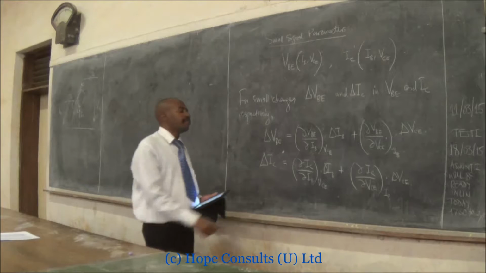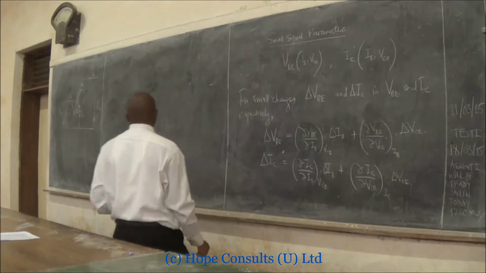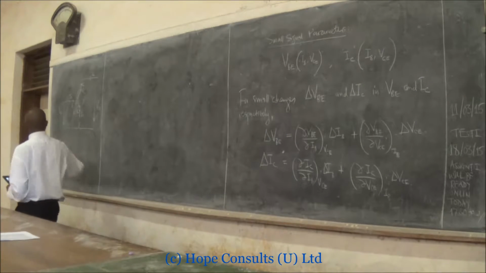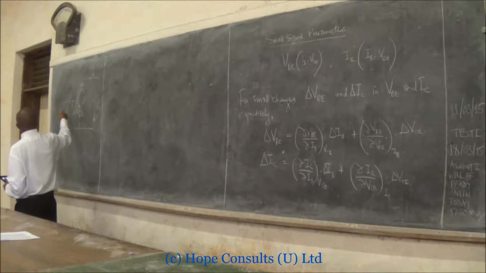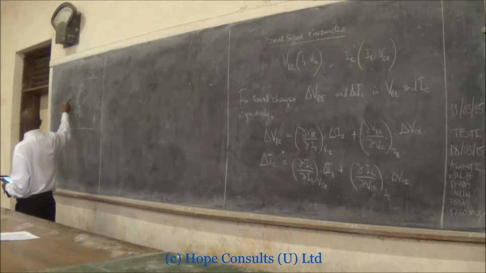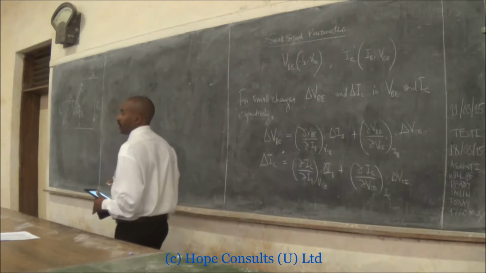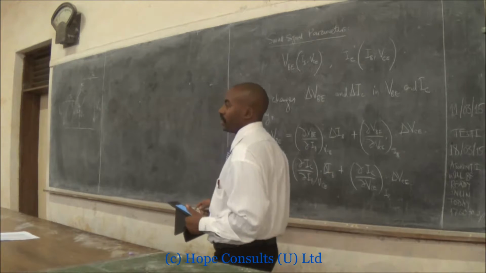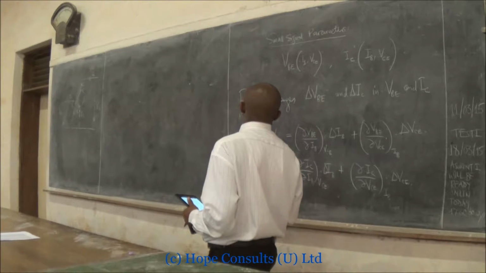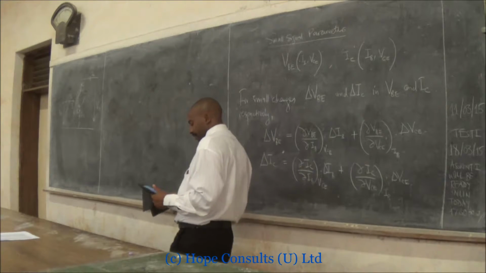So it means that VBE by IB here, the change in VBE over the change in current, will give you the input resistance of the transistor.